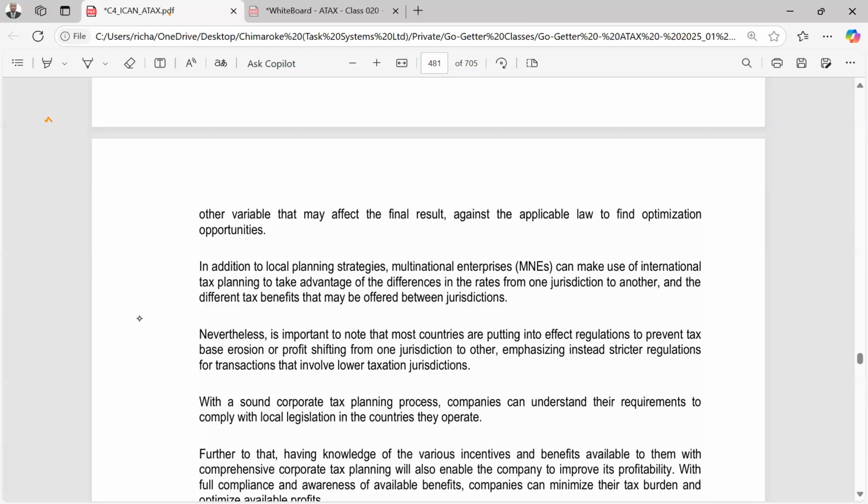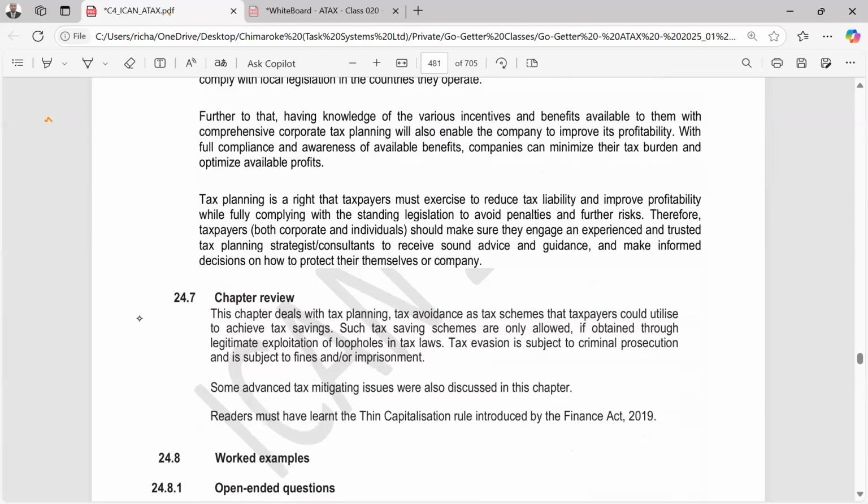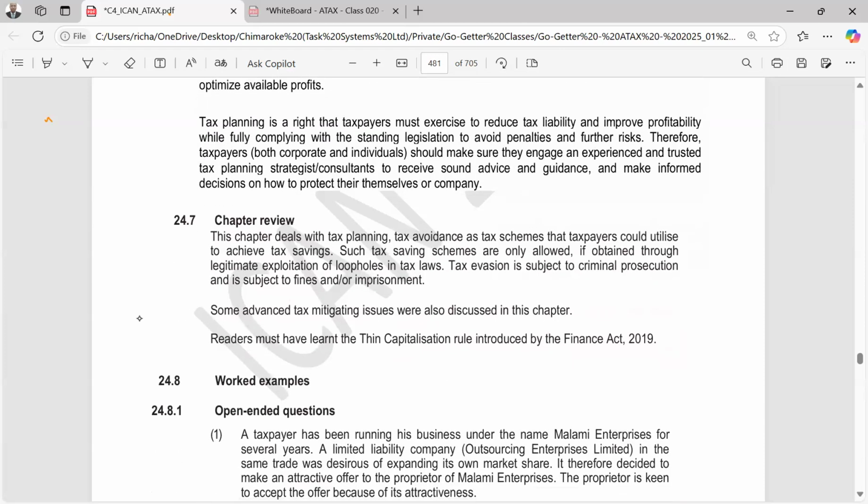All of these give rise to the fact that tax avoidance is a legal way of avoiding taxes. We also learned about tax evasion, which is an illegal way, which we must avoid by all means. Then we talked about thin capitalization, and that was one of the major things we discussed and we stopped so far. So this is the end of today's class.